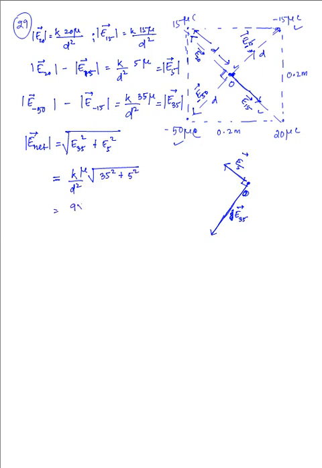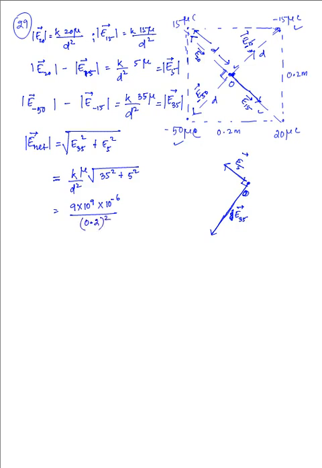So K is 9 into 10 to the power 9. For micro we have 10 raised to the power minus 6. For D, because the side is 0.2, the distance D is going to be half of the diagonal. The diagonal is root 2 times A, the side, divided by 2. So A over root 2, that means 0.2 over root 2, squared.